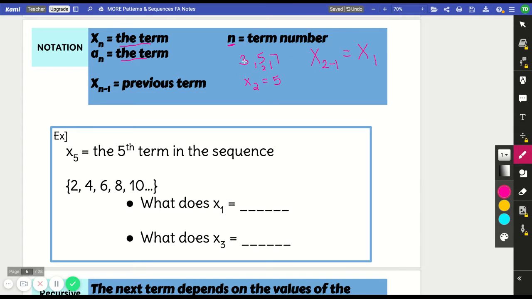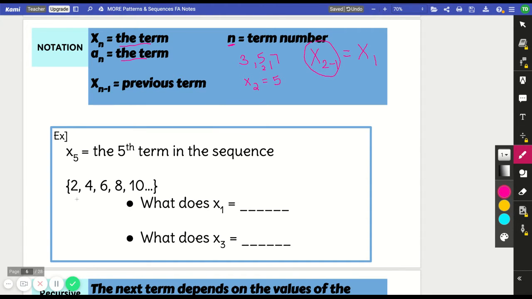So x sub 1 would be 3. Okay, so this means the previous term. So for example, x sub 5 is the fifth term in the sequence. And that's what we explained up here.